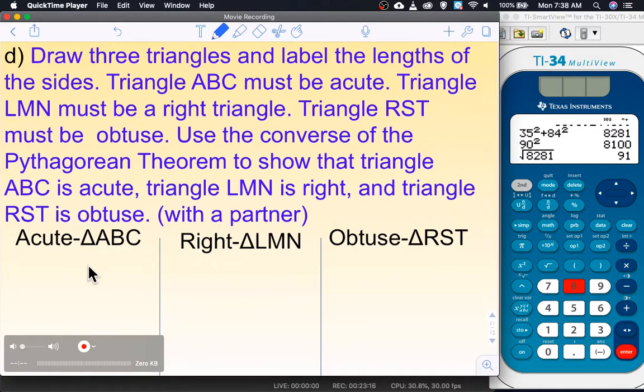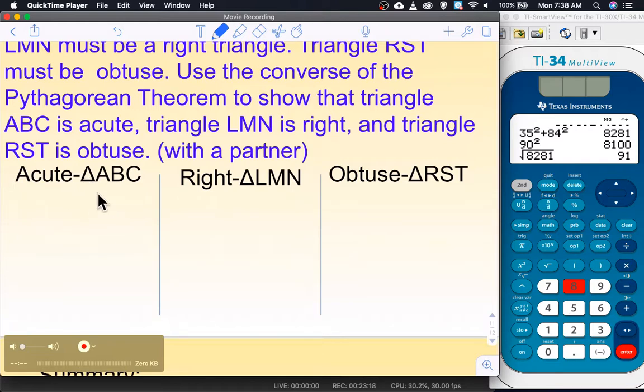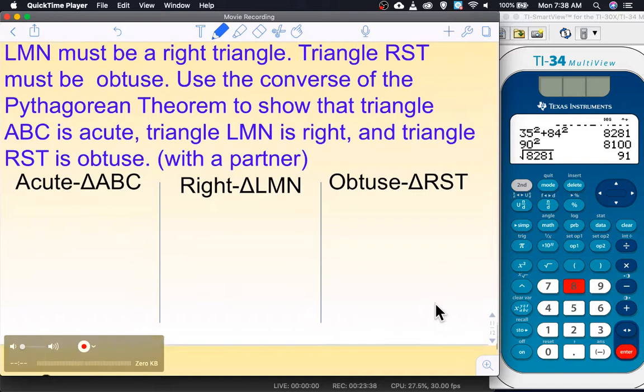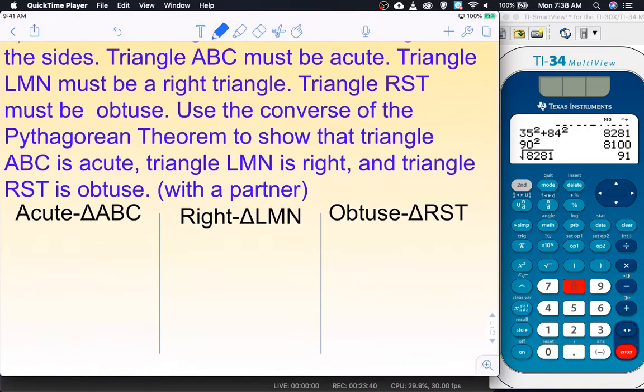So I want you to draw an acute triangle and then do the converse to show it's acute. Draw a right triangle and do the converse, the Pythagorean theorem, to show me it's a right triangle. Draw an obtuse triangle and make sure you have all the sides labeled. Do the Pythagorean theorem and show me it's obtuse. Okay? Go ahead and pause the video and do that right now.